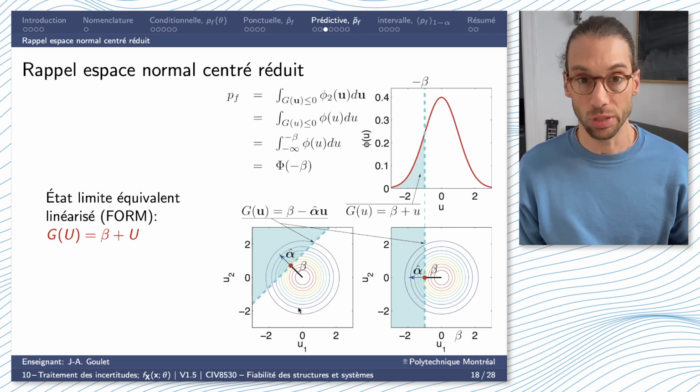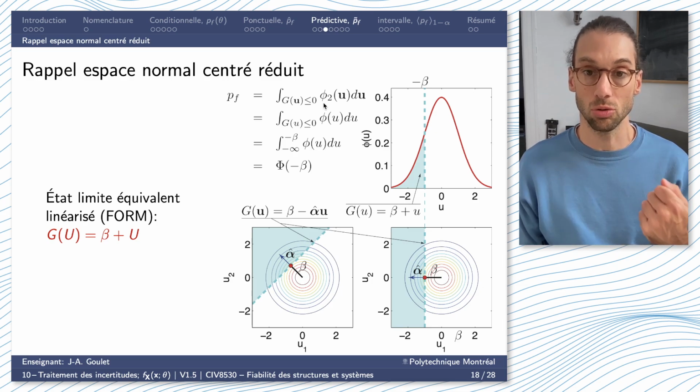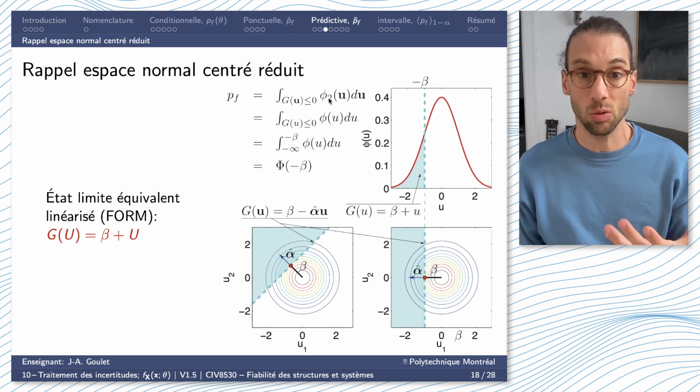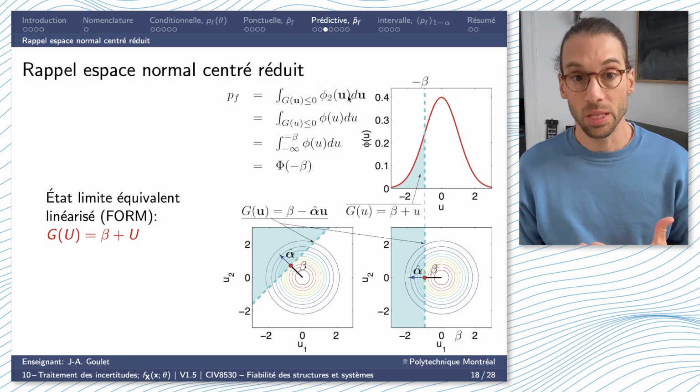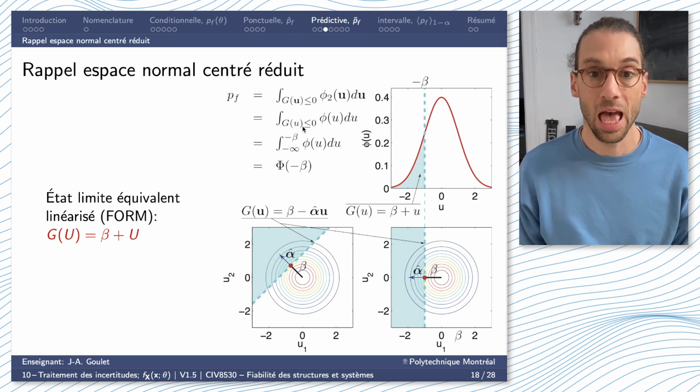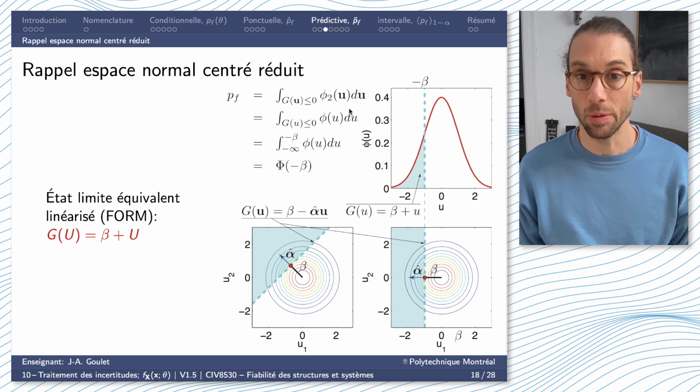In this case, I have 2 dimensions, so a 2-dimensional standard normal random variable. If I transfer my problem from the original space X to the standard normal space, this is equivalent to integrating in that 2-dimensional standard normal space with respect to u for all the values g of u lesser or equal than 0. So in that case, I can reduce that 2-dimensional integral to a single unidimensional integral.